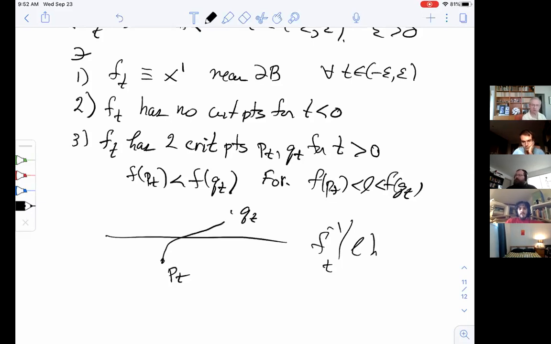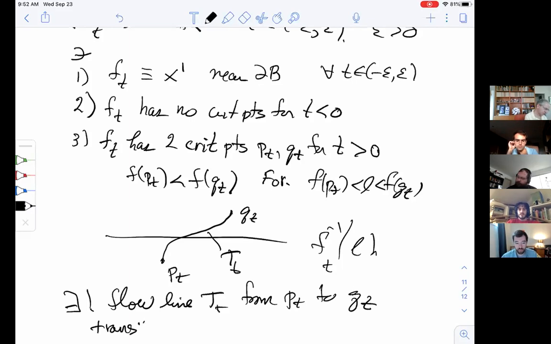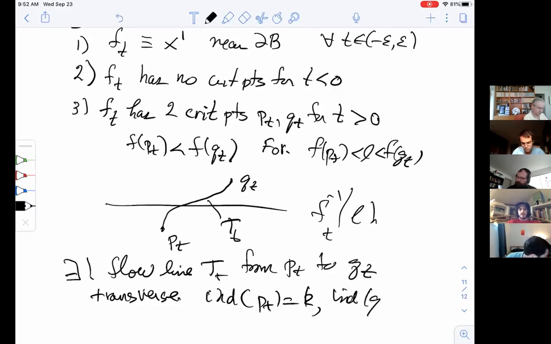There's a unique transverse flow line, and it's transverse, which implies the index of q is 1 greater than the index of p, but let's just fix things. Index of p_t is this integer k, index of q_t is k plus 1.